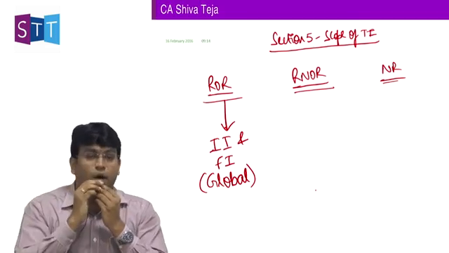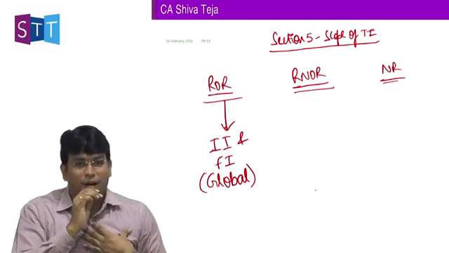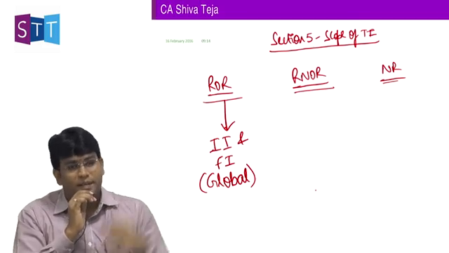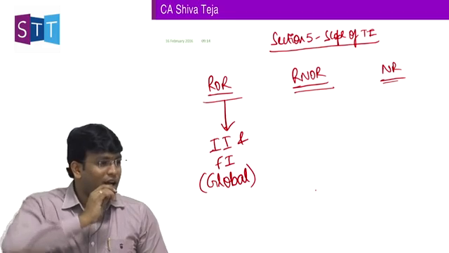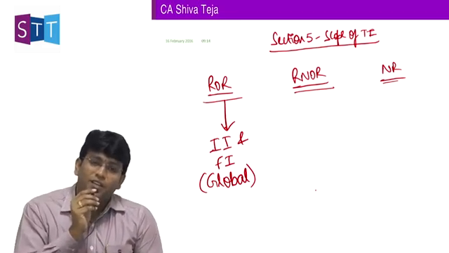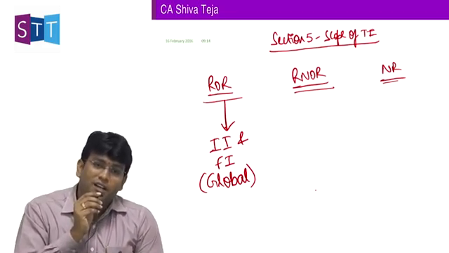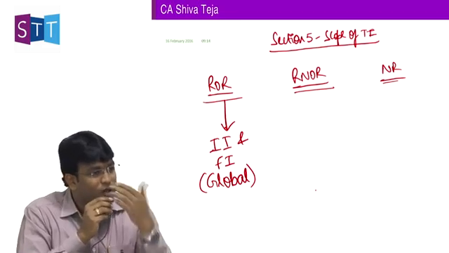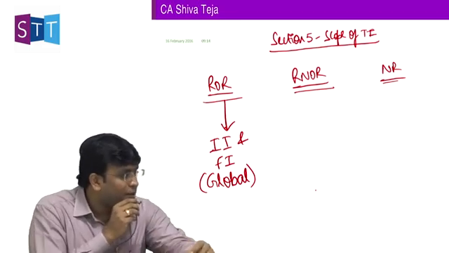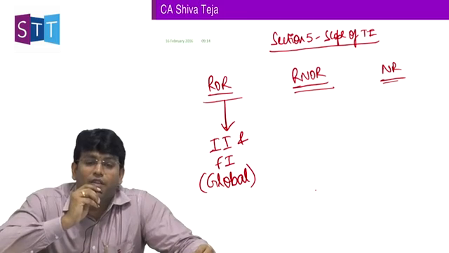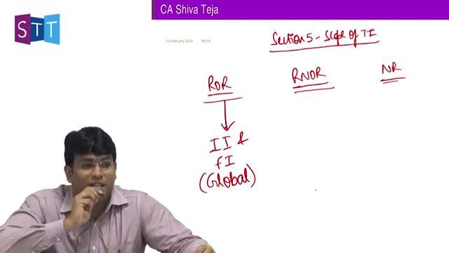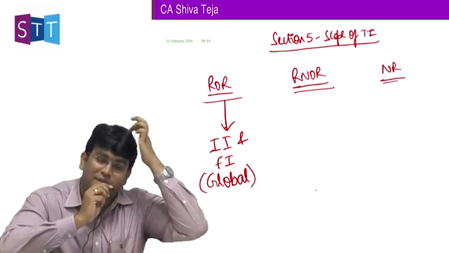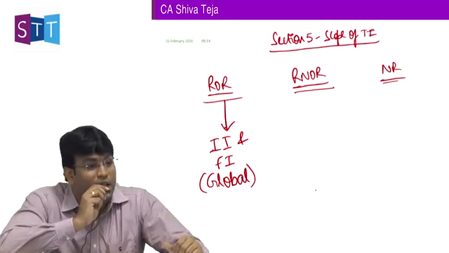But a student can get one doubt. Let's say I'm ROR, I go to Dubai, earn some income there, received income there, it's called foreign income. I'm telling you I have to pay tax in India. But my dear friends, when I earn in Dubai, they also will not keep quiet. Dubai or US, whatever country it is, that country also will not keep quiet. It doesn't mean that we will pay tax in both the countries. We always pay tax only in one country, for which purpose we have a concept named double tax avoidance agreements.